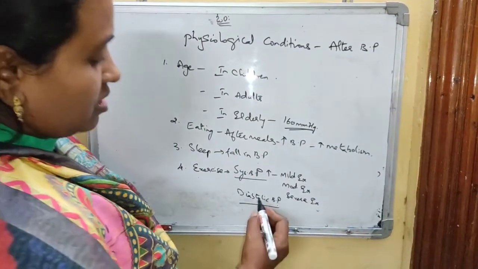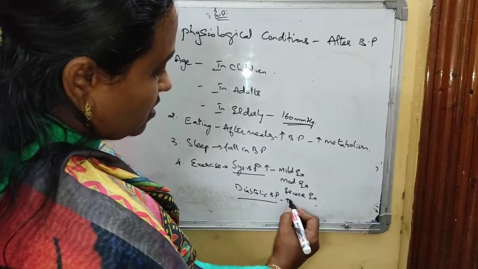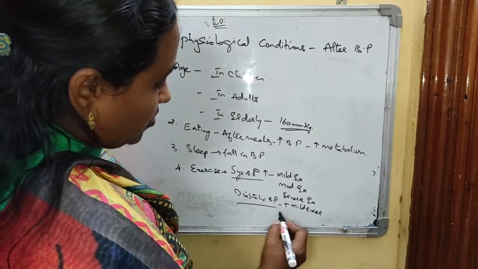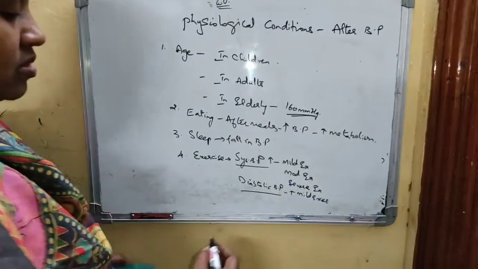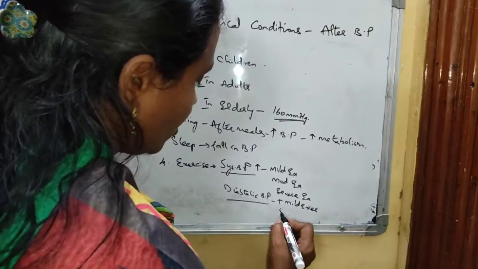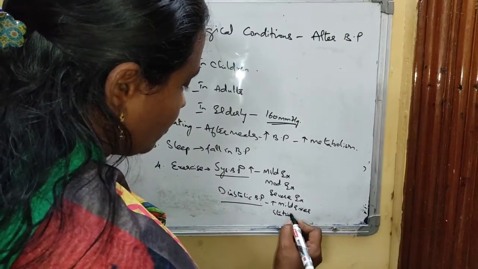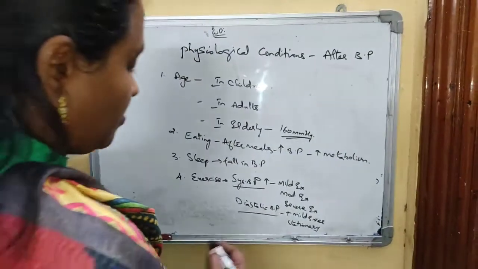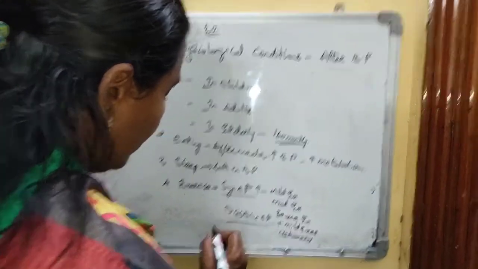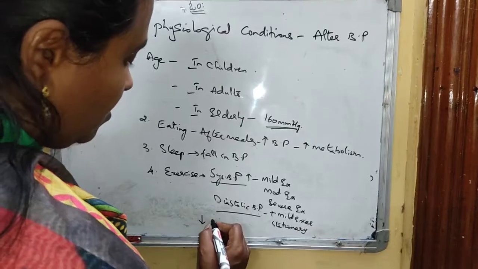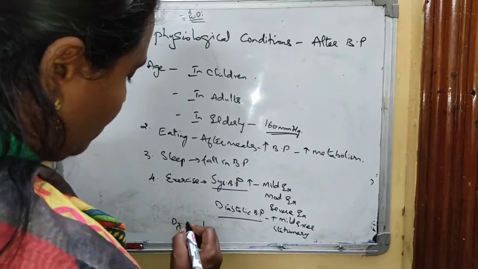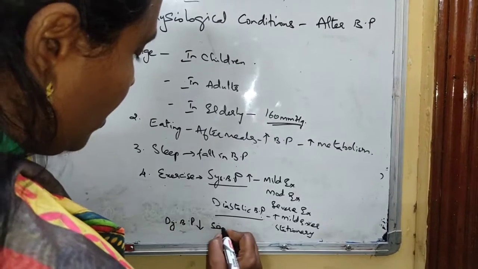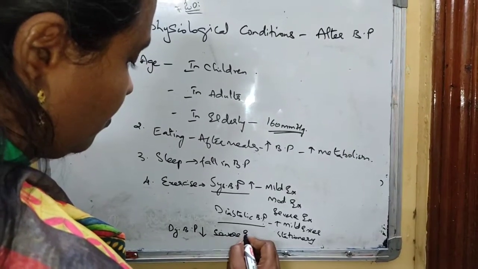Diastolic blood pressure increases in mild exercise, remains static or stationary in moderate exercise, and decreases during severe exercise.